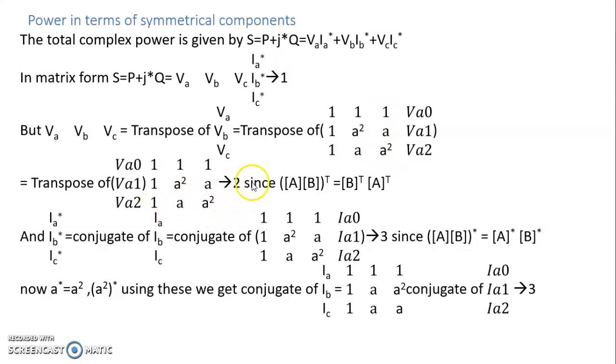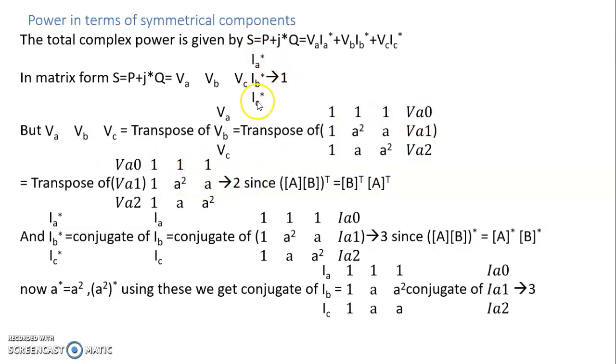Now we have a formula in matrix algebra: the transpose of A times B is equal to B transpose times A transpose. So B transpose, this vector, I have kept as it is, and A transpose I have made already. Referring to this, I have made this.